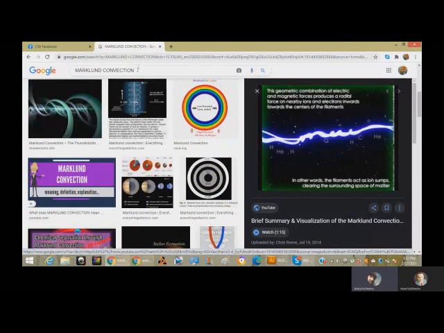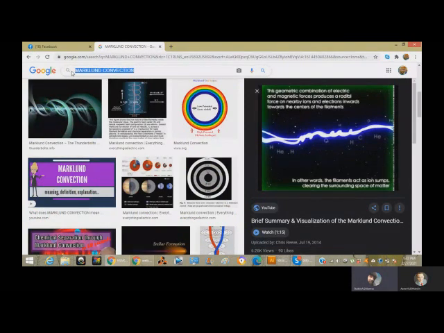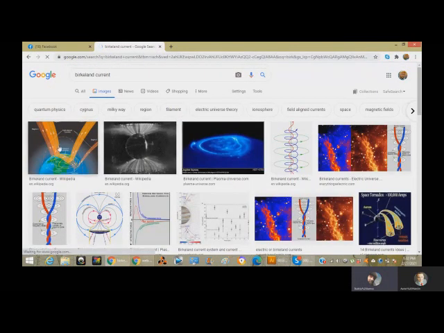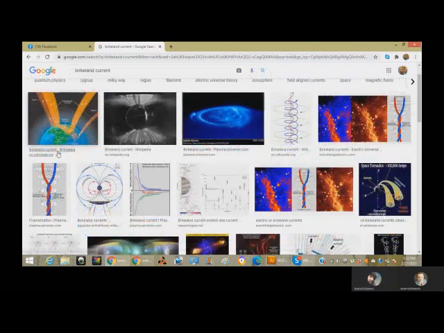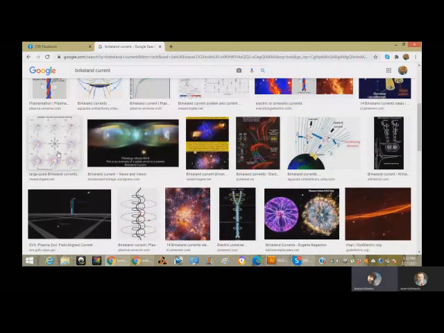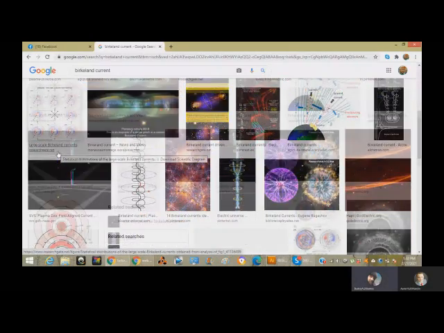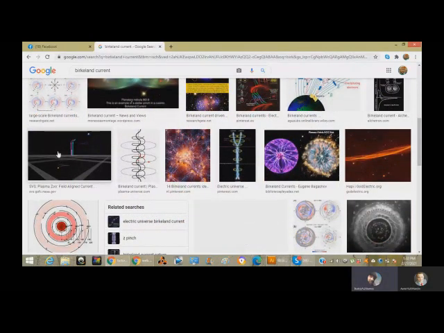So I might as well type in Birkeland current real quick, and we can see that what I've been talking about is the auroras, the northern and southern lights, the aurora australis, and the poles move along the Earth.